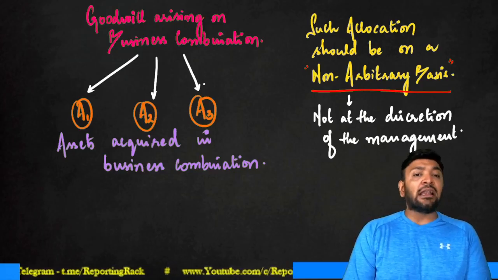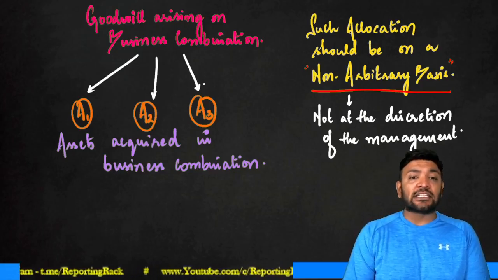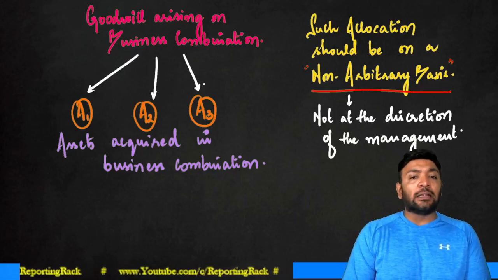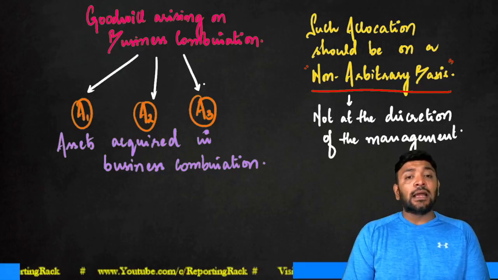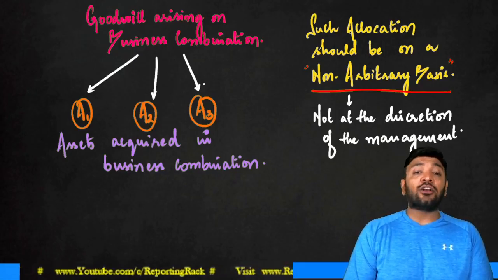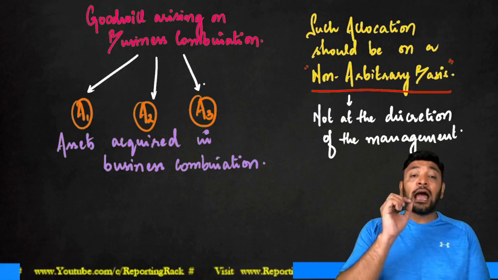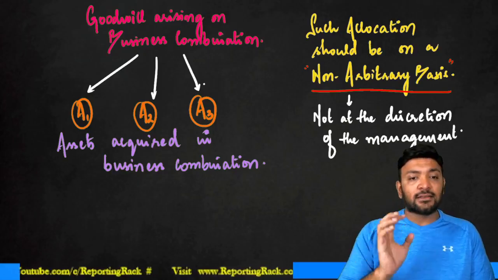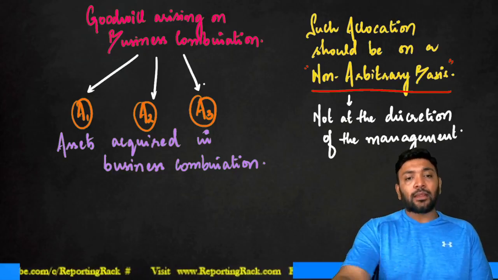I did not understand how to allocate goodwill in a practical situation. Tomorrow, if I find goodwill in the books of a particular enterprise, and this goodwill arose as per Ind AS 103, I still might not be convinced about allocation of goodwill to individual assets on a non-arbitrary basis. Please explain. I'll go on.